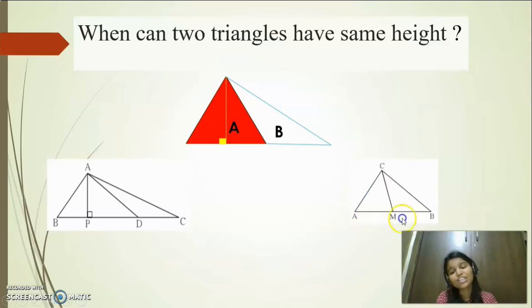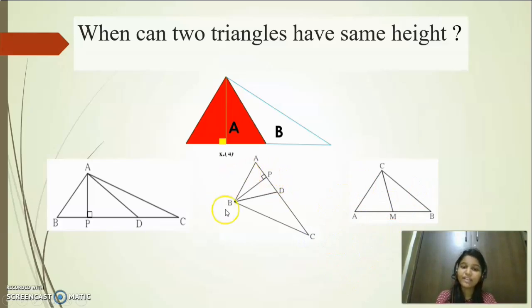Therefore, the heights of all these triangles will be same. Similarly, we'll consider one more example. Even in this figure, all the triangles are having a common vertex B and their bases are again lying on the same line. Therefore, the heights of all these triangles will be same.